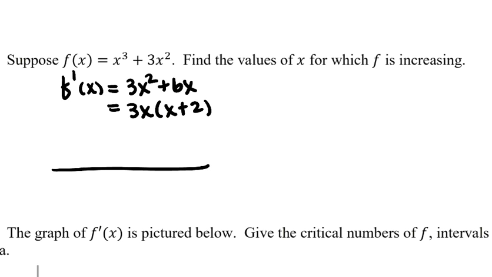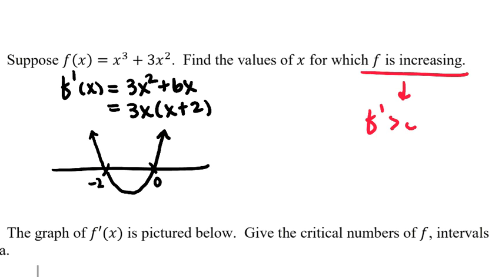All right, if I go to draw a picture of this, it's going to be a parabola. It's going to open up because it's a second degree polynomial with a positive leading coefficient. And it's going to have intercepts at 0 and negative 2. So I guess this would be negative 2, and that would be 0. If I'm interested in the places where f is increasing, well, that's equivalent to saying that the derivative is positive.